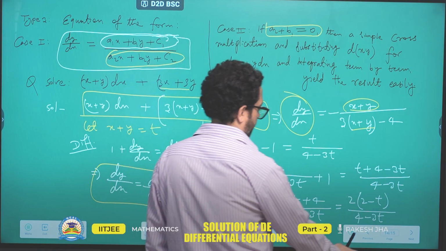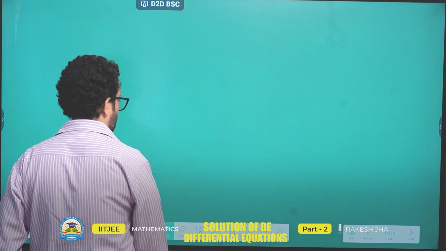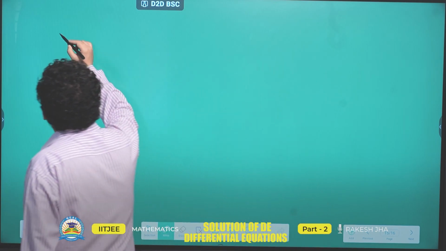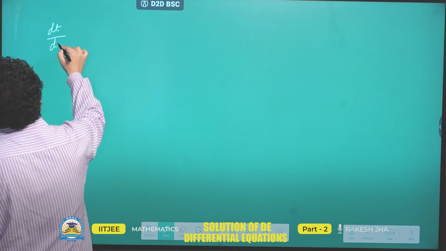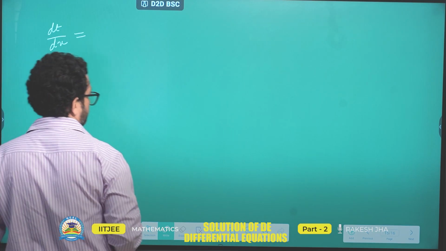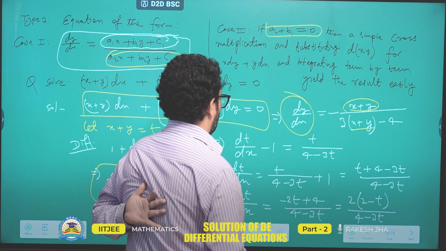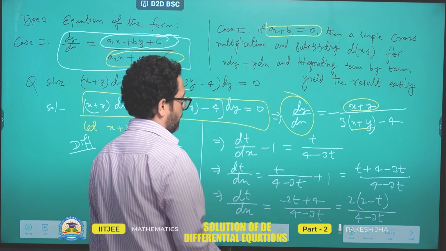So in the next step we will go for the next slide. So we have here dt upon dx is equal to 2 times 2 minus t upon 4 minus 3t. So we will go for cross multiplication.